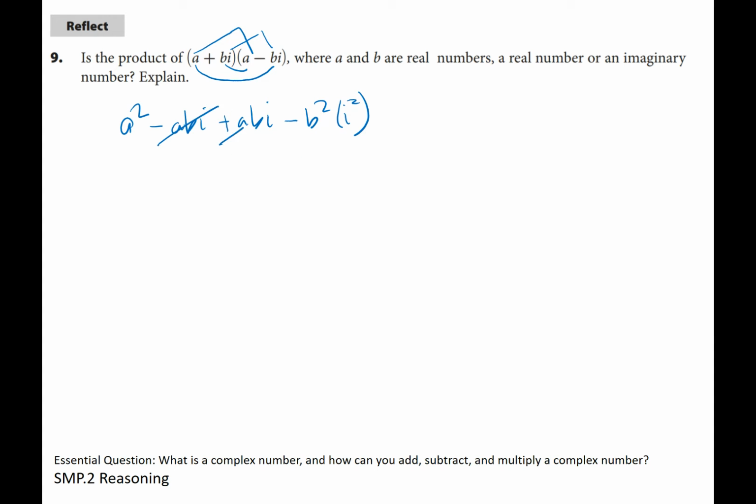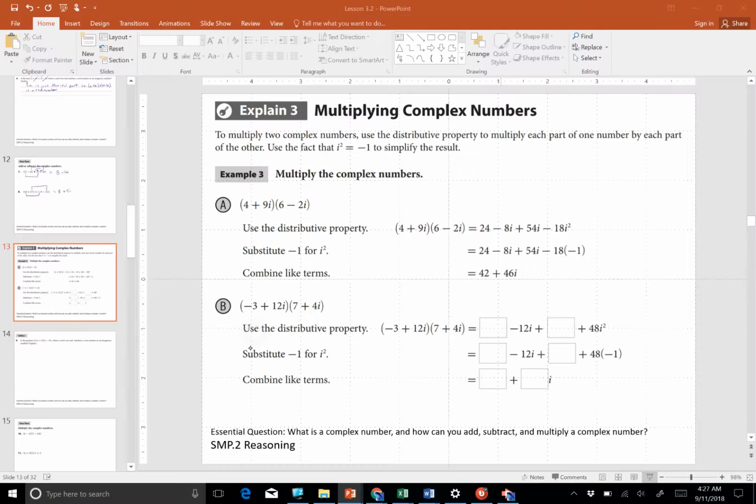Well, these guys are opposite, so they would cancel. i squared is going to get replaced with -1. a squared is just going to drop down. This negative times this negative is going to go positive. So a squared plus b squared. We only have real numbers, so we know that this has got to be a real number. So I would say a real number.